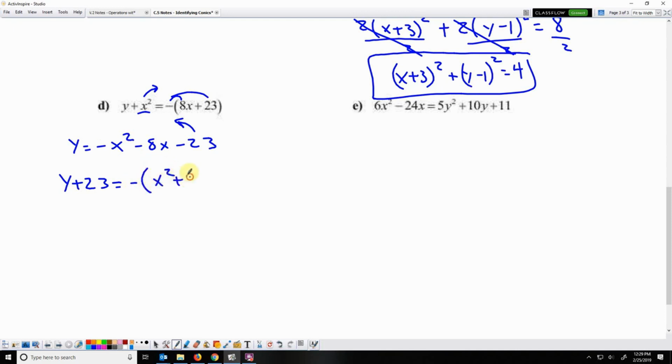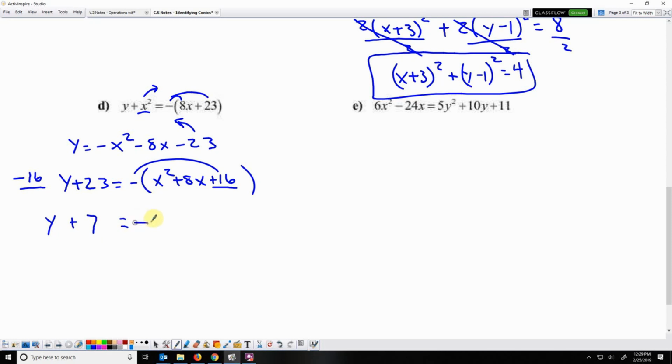So x squared plus 8x and a blank. And I'm going to have to put a matching blank on the other side. Okay, so when I cut that b in half, I get 4 squared is 16. What I really added is negative 16. So 23 minus 16 is 7, so I have y plus 7.